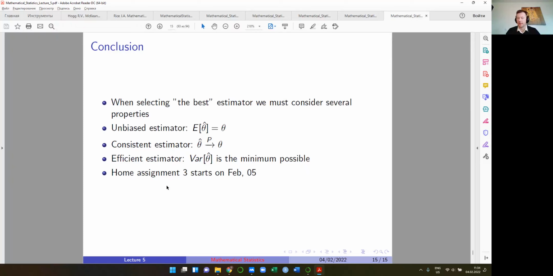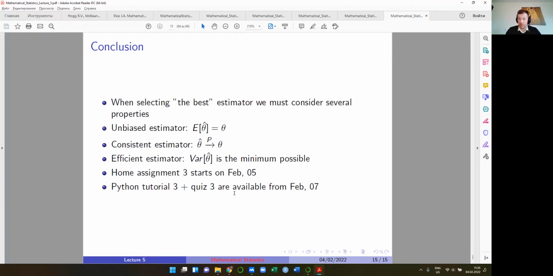Basically, I left the solutions there, so how exactly you need to calculate these things. Please pay attention to this, because otherwise, if you are not able to calculate these quantiles and probabilities, the home assignment is not going to be correct. So please pay attention to quiz number 2 and the suggested solutions of that quiz.